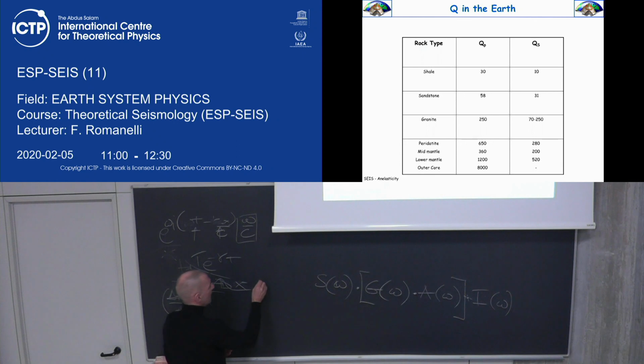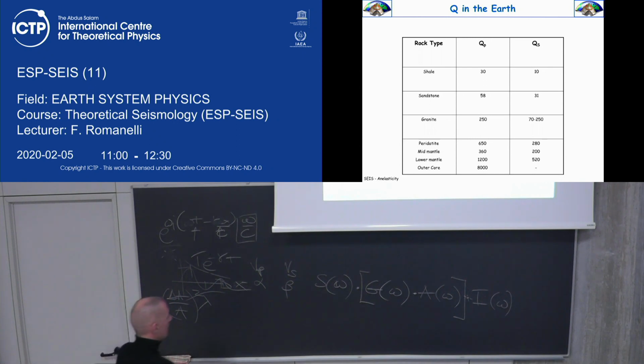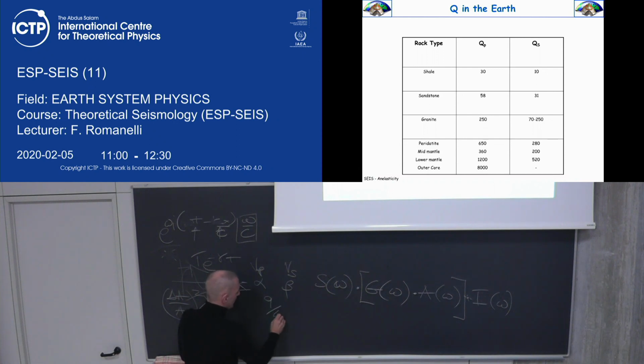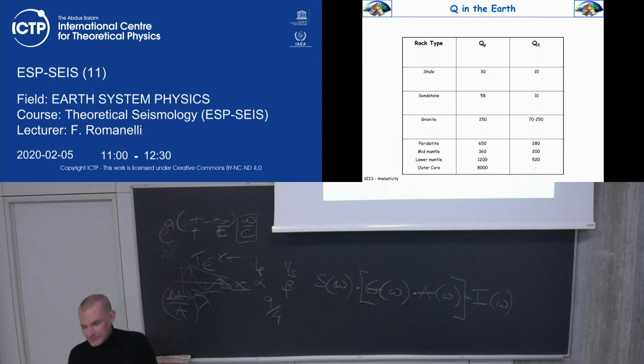But QP, of course, is related to alpha, and QS is related to beta, or VP and VS. Okay? That's trivial. Well, you can demonstrate that on average, the ratio between QP and QS is 9/4. It's not an irrational number coming from beautiful geometric things.